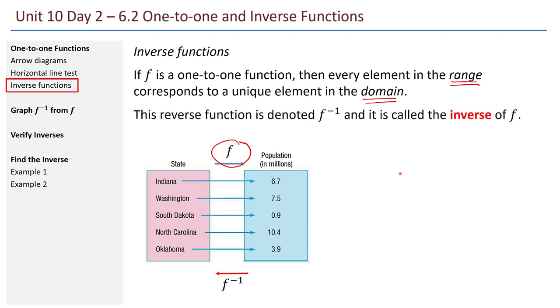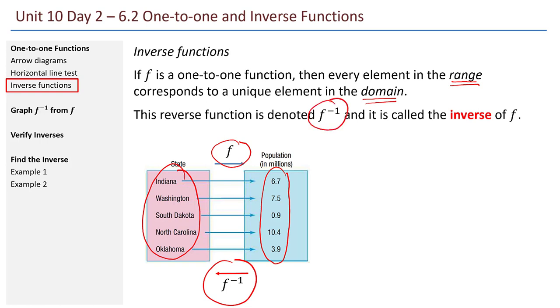There's a reverse function, f inverse, and every element in the range of f corresponds to a unique element in the domain of f, and we call that function that gives us that reverse correspondence the inverse of f, or f inverse, and we denote it with an f superscript -1.